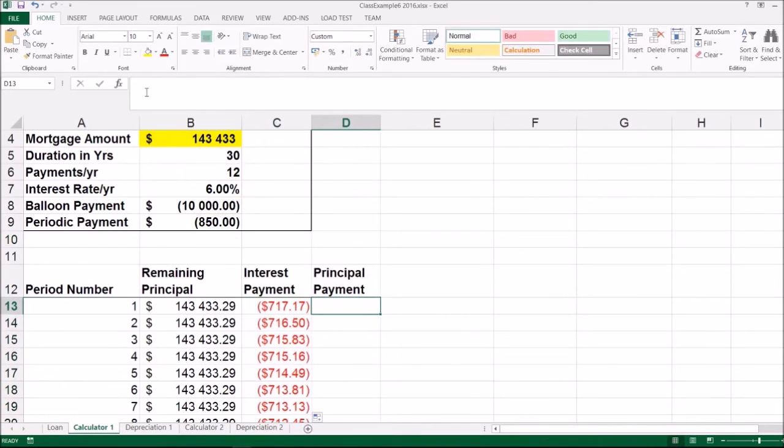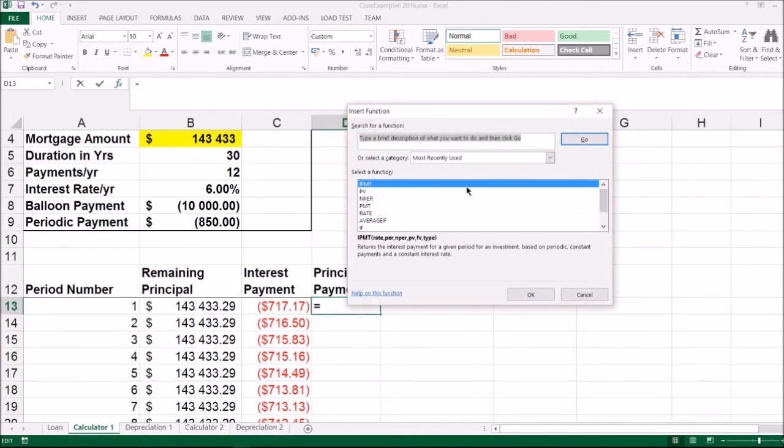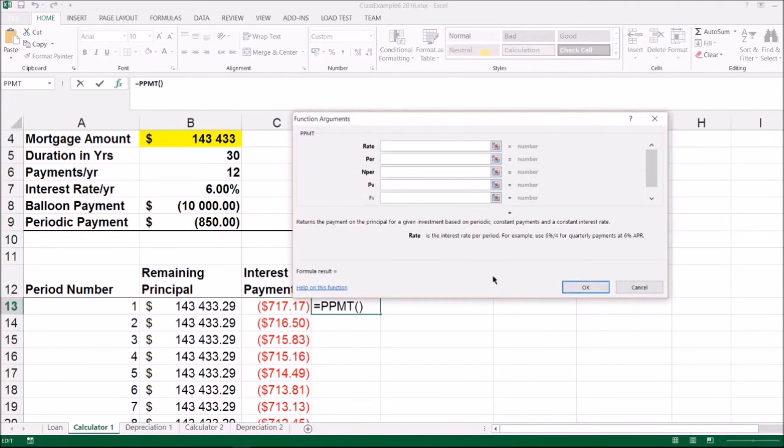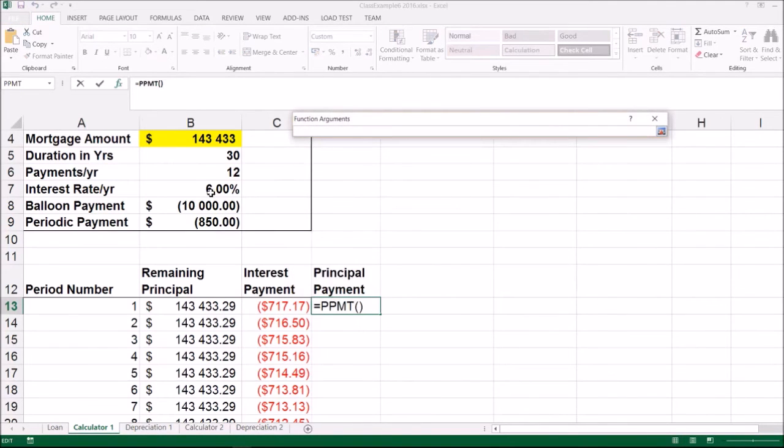Okay. Now we're going to calculate the principal payment using the PPMT function. So go and search for that. Once again, follow the video and select what you need to select. Remember to divide and multiply.